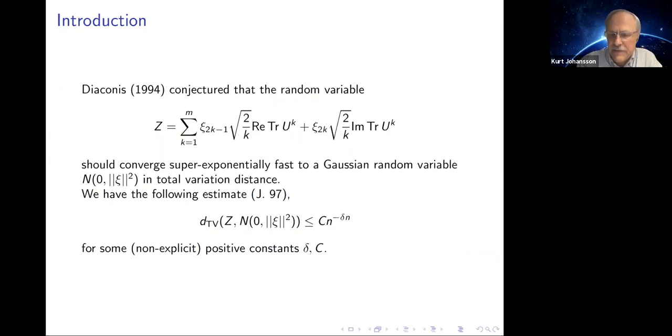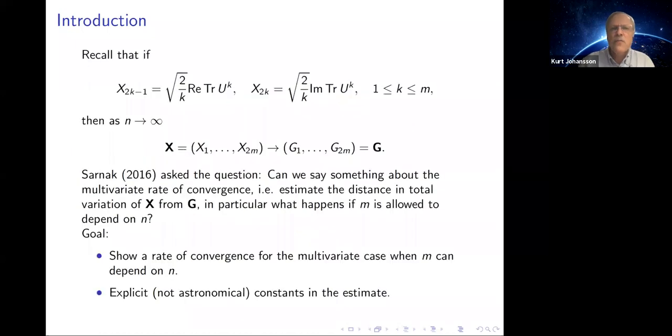So that also means that if I go back to the vector problem again, recall that we looked at these real and imaginary parts of the traces, and we have this multivariate convergence to a Gaussian. You cannot immediately say anything about the rate of convergence there.